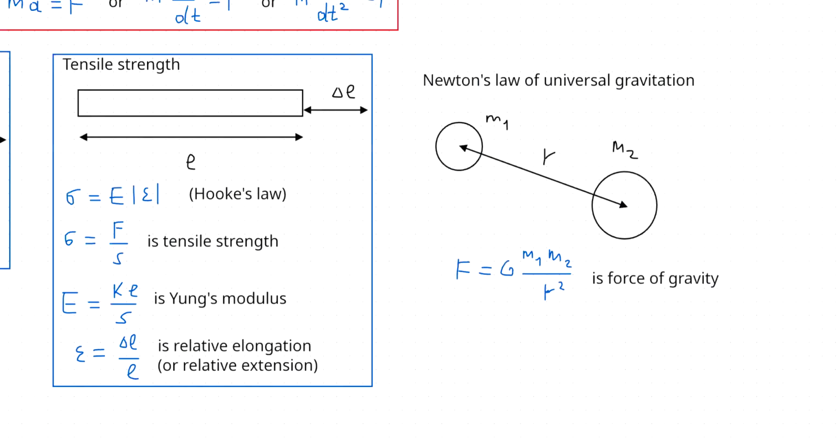And G is a fundamental constant. G is equal to 6.673 multiplied by 10 to the power of minus 11 newtons meters to the power of 2 divided by kilograms to the power of 2.